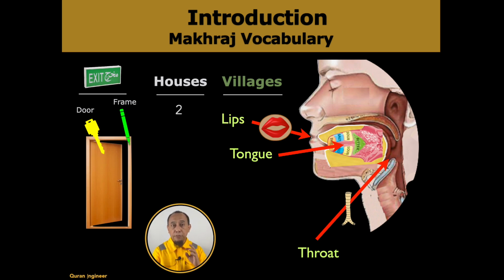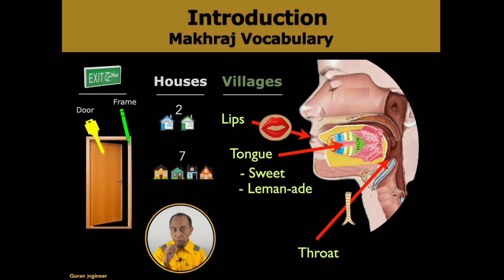Your lips will have 2 houses. Your tongue will have 7 houses, which is subdivided into 2 villages, which we will call the sweet village and the lemonade village. The sweet village will have 4 houses, and the lemonade village will have 3 houses.